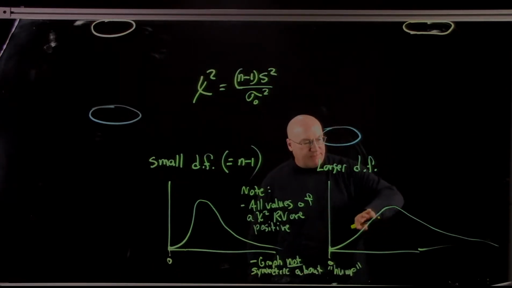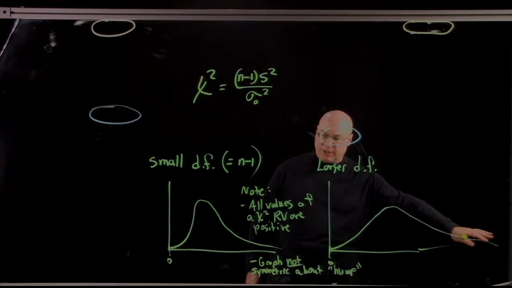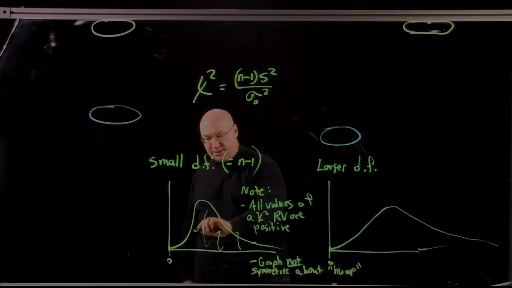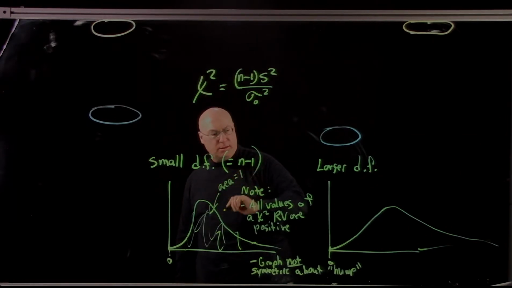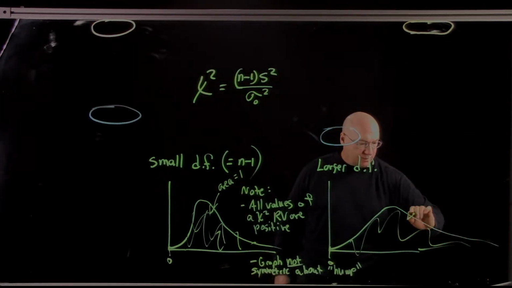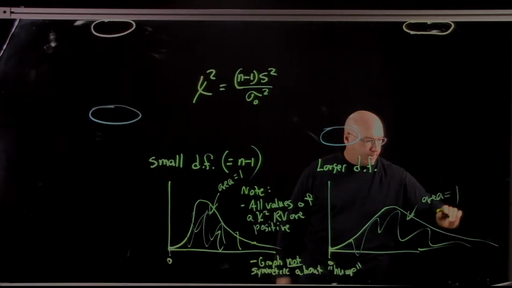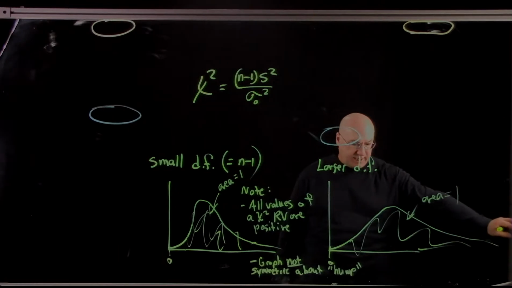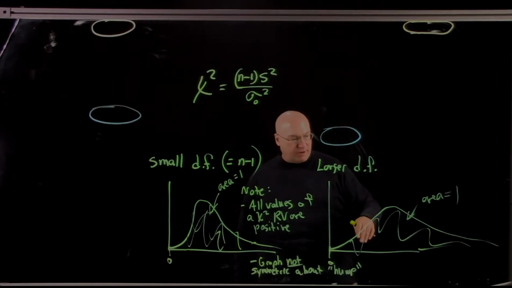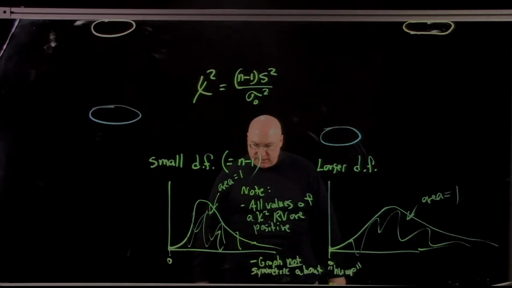It's not. It goes up faster here and then trails off more gradually. It's still true that total area is 1. Likewise here, area total is 1. So it stretches out to infinity, but of course the areas out here get very tiny. The probability that a chi-square random variable is way out there is going to be very small.